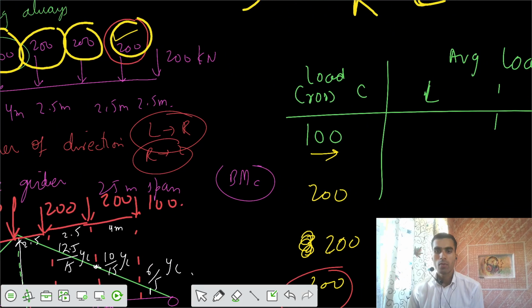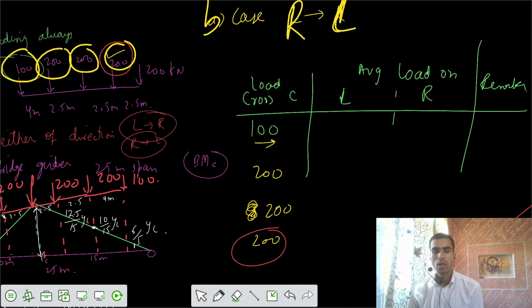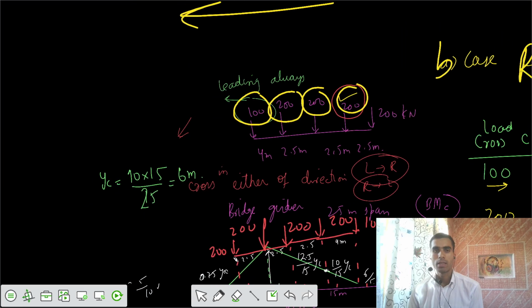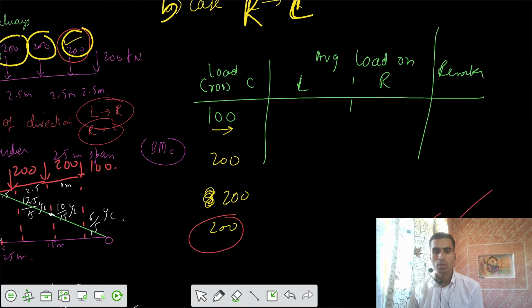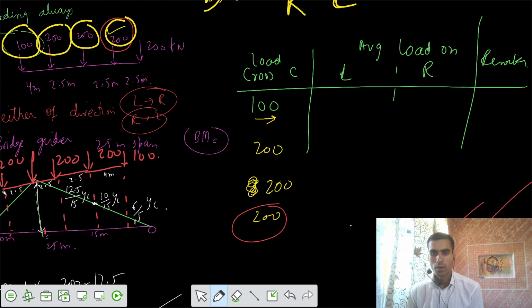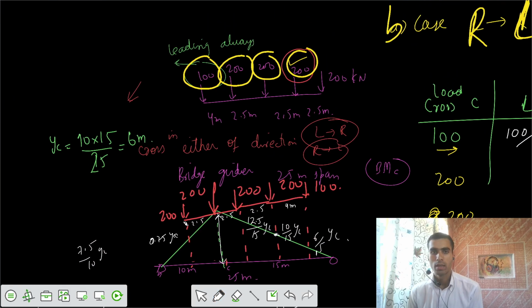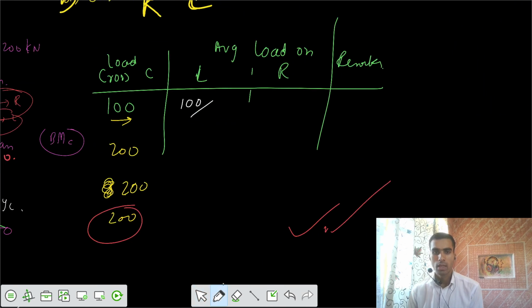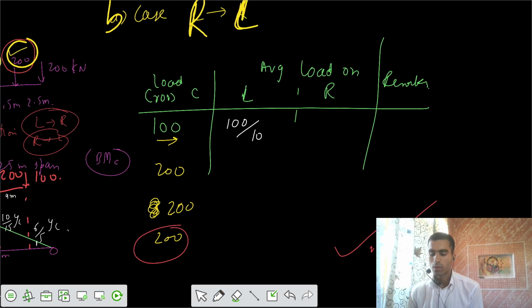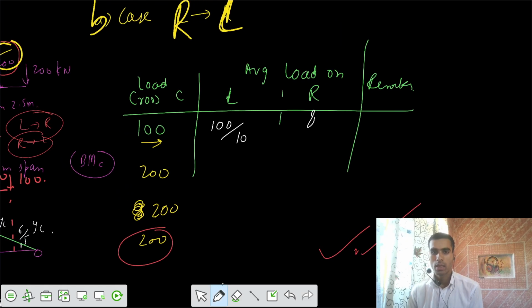So the value here would be 100 for the length of 10, because your section is at 10 meters. So 100 for the length of 10, and from the other side we have total loads of 4 2s or 800 by 15 meter.